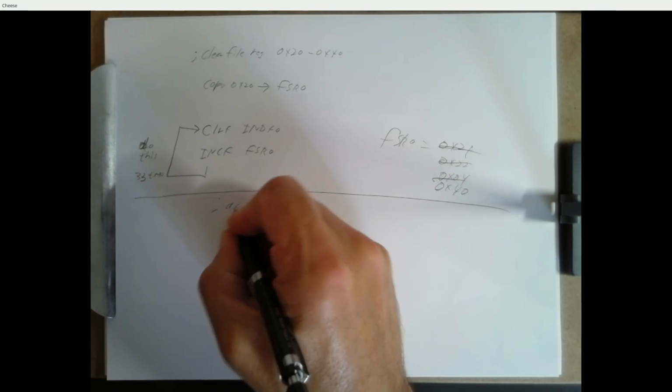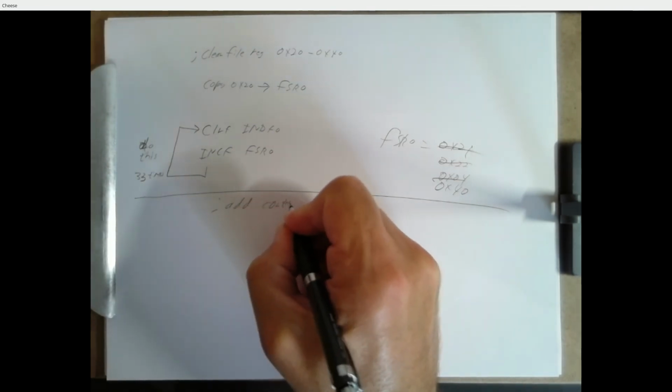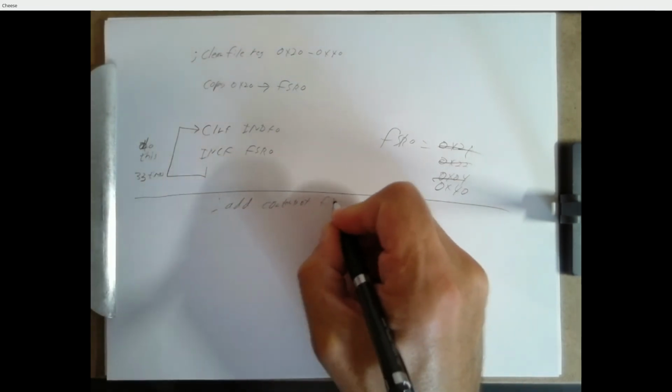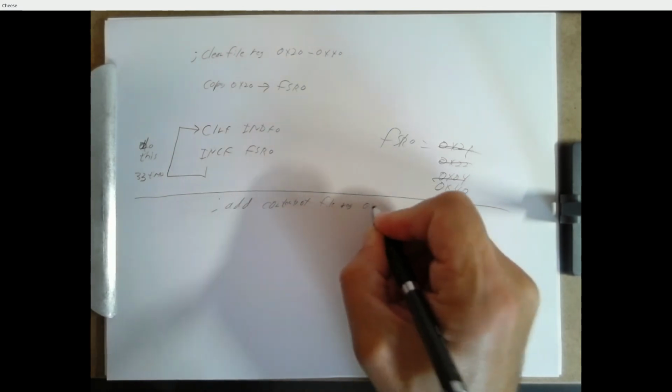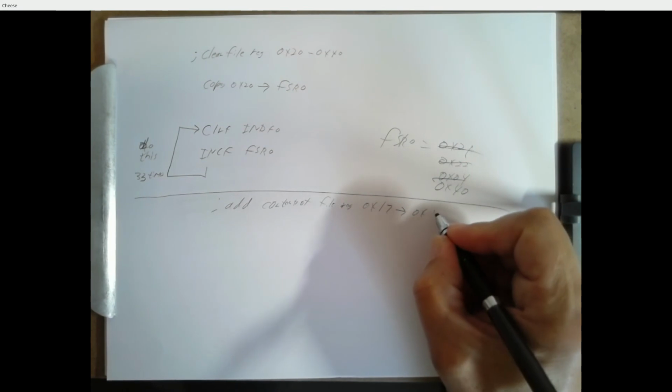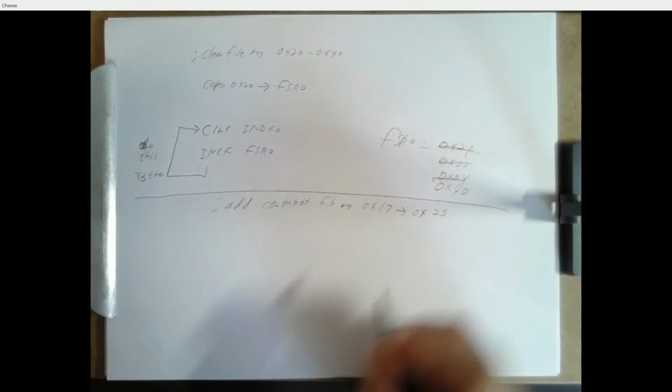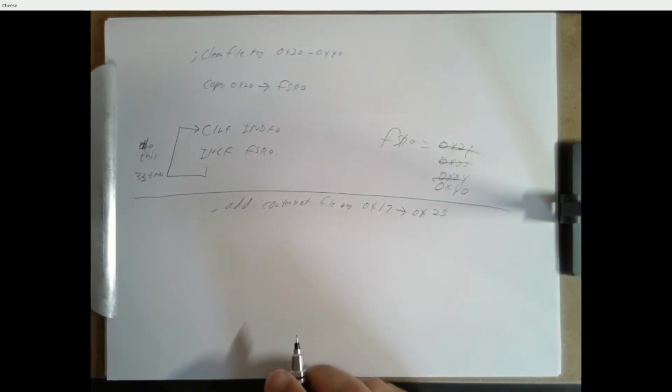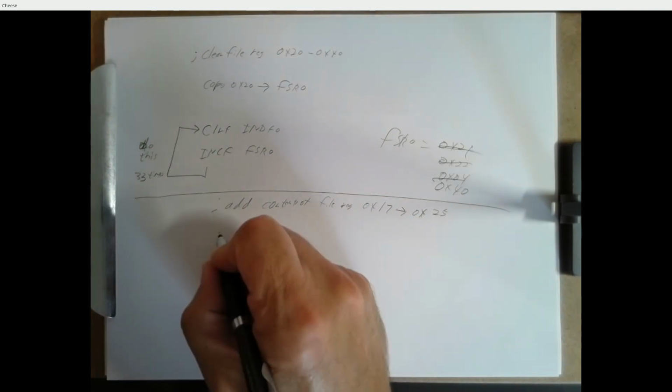For example, add contents of file register 17 through file register 25 hex. Okay, well, how do we do this?